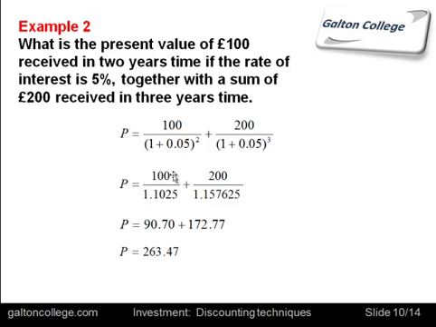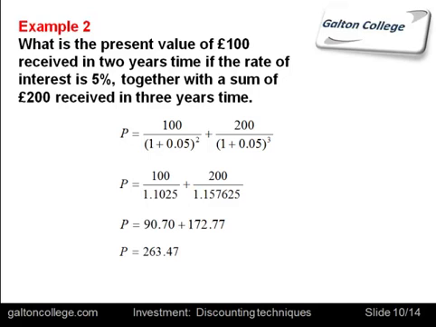If you evaluate that, you have to multiply out using a calculator or a spreadsheet or whatever. If you multiply it out, you get £263.47. So this sum of money, this stream here, is equal to £263.47.